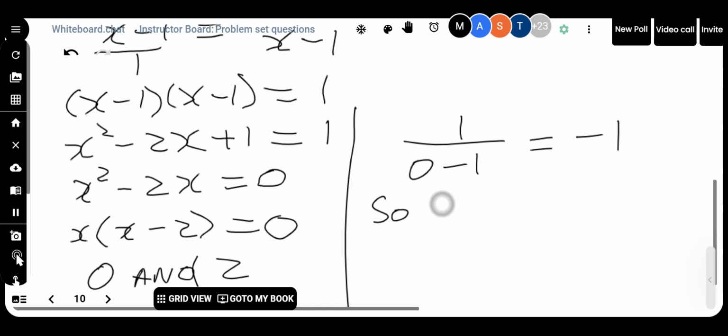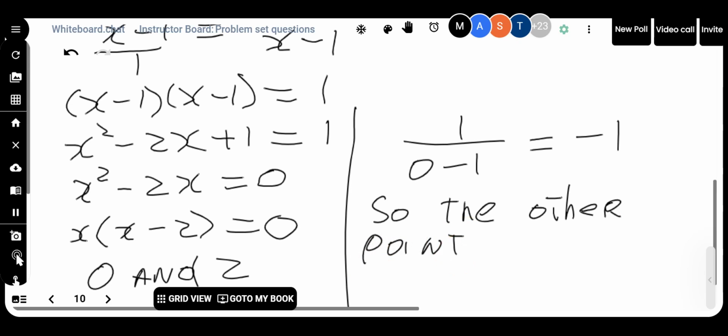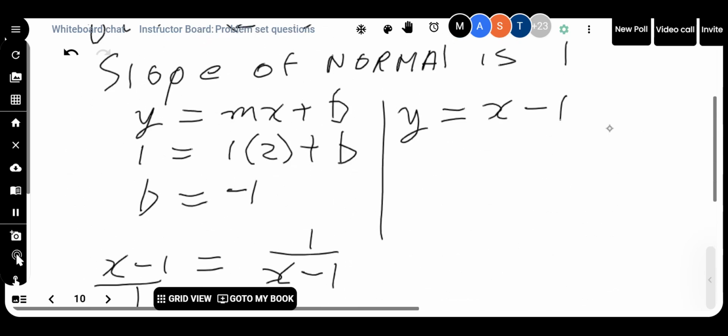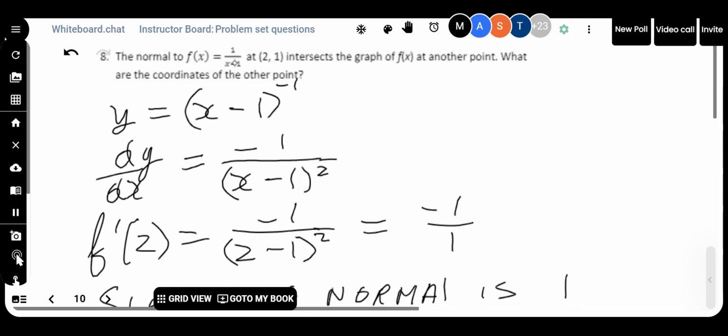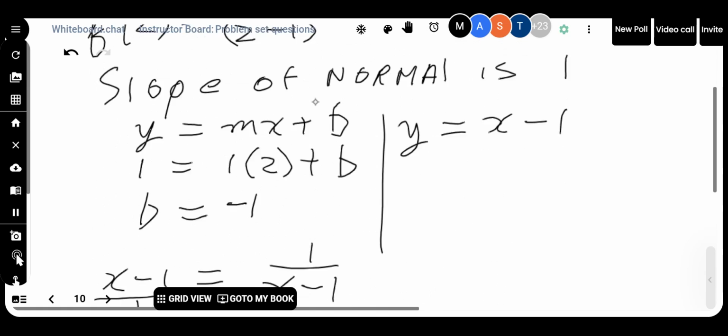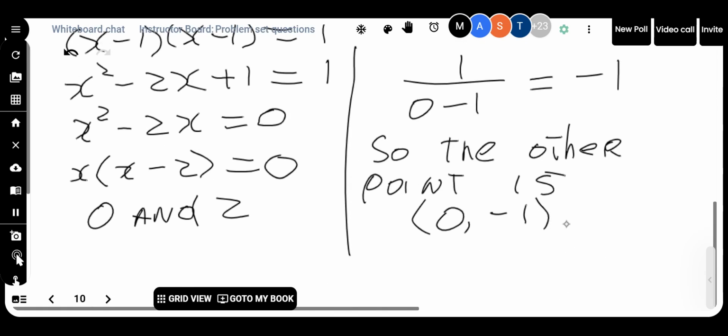So the other point is 0, minus 1. All right, so one point of connection for this normal is at 2, 1. The other point of connection is at 0, minus 1.